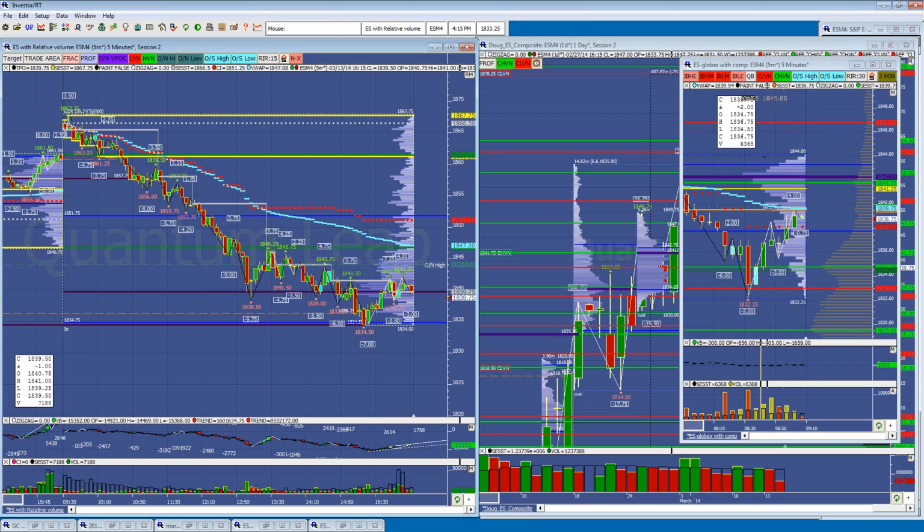Now it was back in play overnight. All right, and our current VPOC, which I don't think is going to shift, is at 18.42.25.